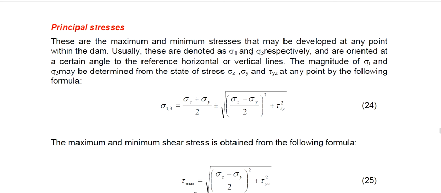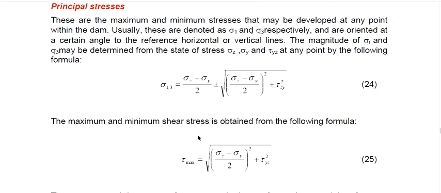And here is the formula: tau max is equal to square root of ((sigma z minus sigma y) by 2) square plus tau yz square.